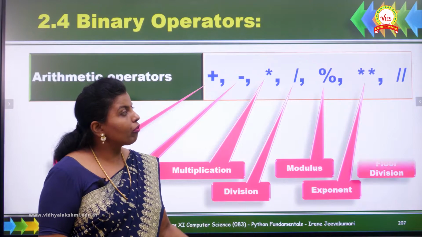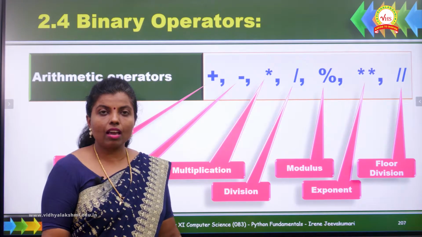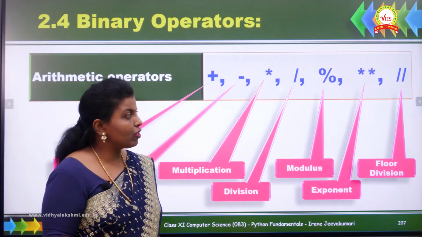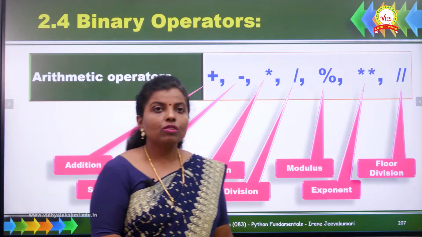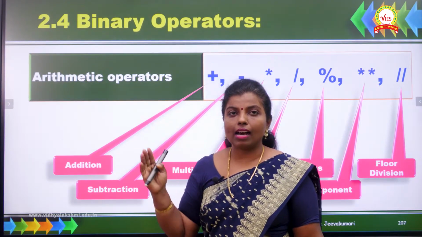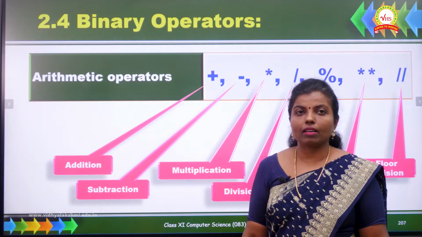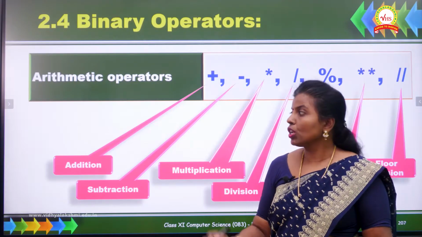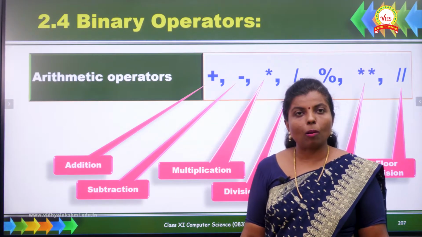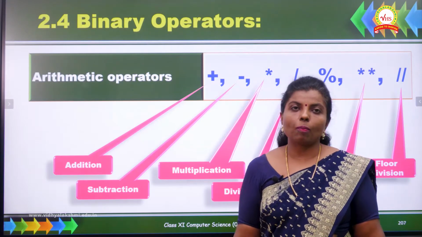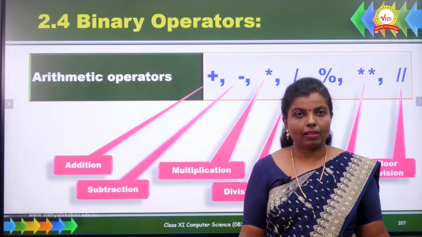These two forward slashes are referred to as the floor division symbol of Python. So, we can see these are the arithmetic operators provided by the Python programming language. All these arithmetic operators are the binary operators of Python.